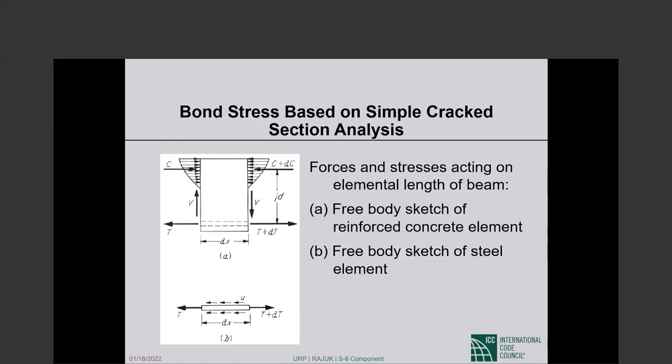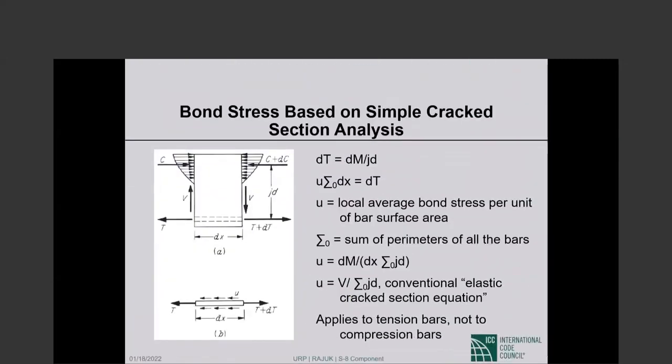In figure A, we have the free body sketch of the reinforced concrete element. In figure B, below, I have the free body sketch of the steel element. And the free body sketch of the steel element involves the bond stresses u. Okay?